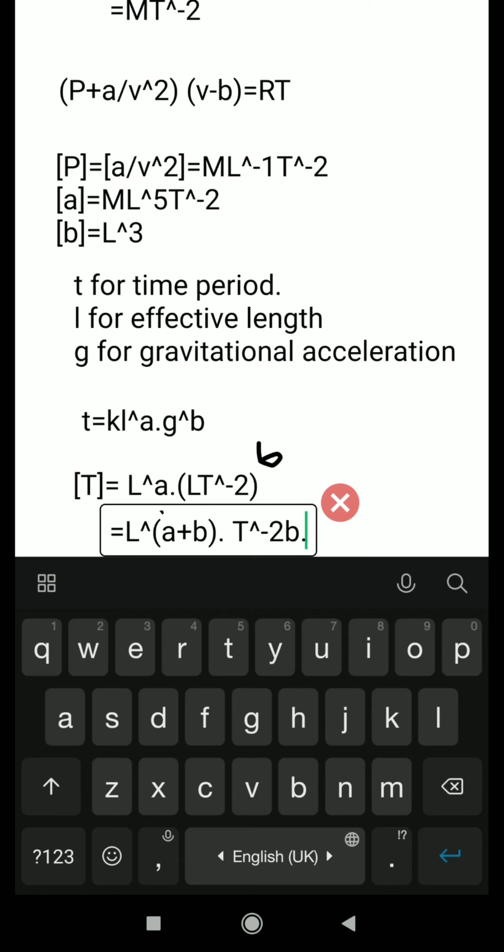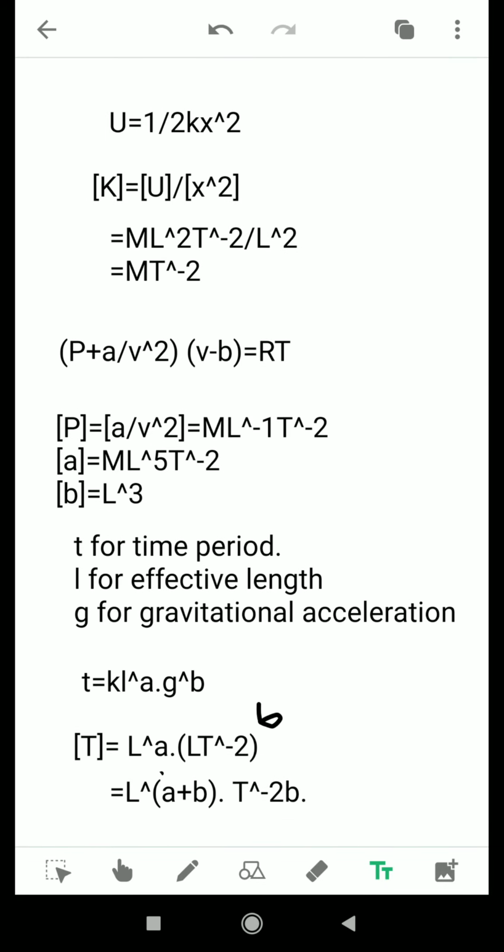And I have told you earlier that a plus b equals 0, so you put the value of b here: a minus half equals 0, so the value of a will be half. Clear? So the value of a is half, and the value of b is minus half. Clear? So we have got this.